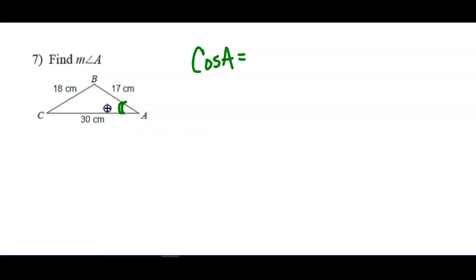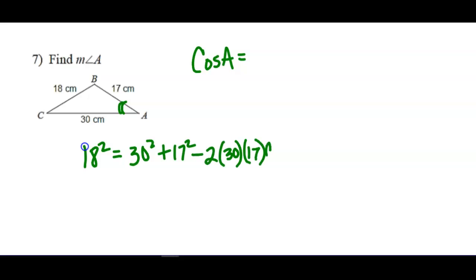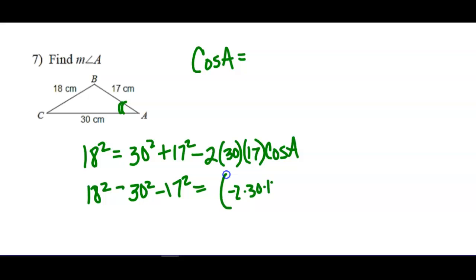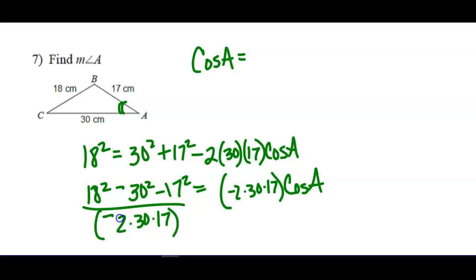Or Hofbauer says if you're finding A, 18 is the one across, 30 and 17 are the ones next to you, minus 2 times 30 times 17 times the cosine of A. So you would subtract the 30 and the 17. These are all multiplied together. Then we're going to divide all that by negative 2 times 30 times 17.